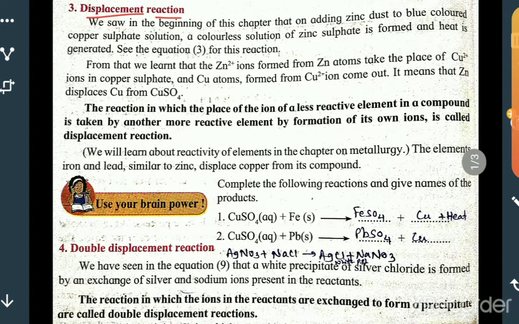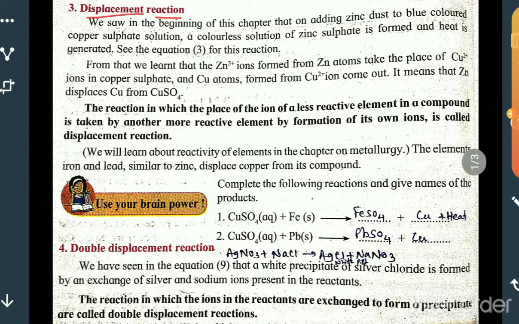Students, when this reaction takes place, what happens? The zinc ions from zinc atoms take the place of copper ions from copper sulfate, and copper atoms are formed. It means that zinc displaces copper from copper sulfate solution. It means zinc is more reactive than copper.